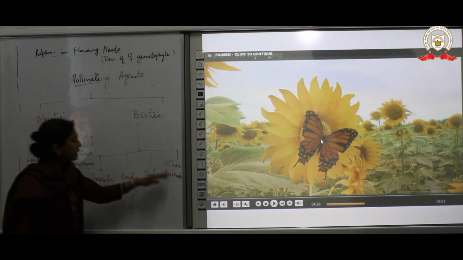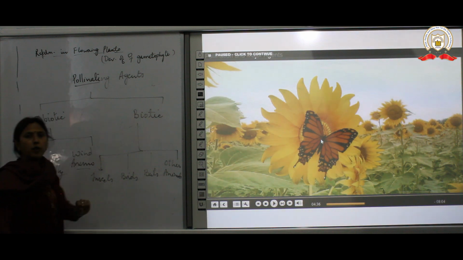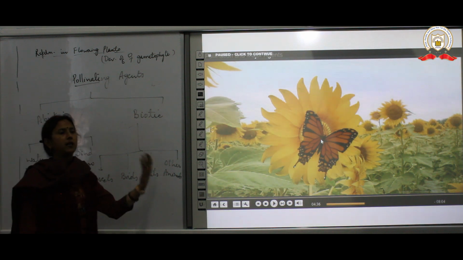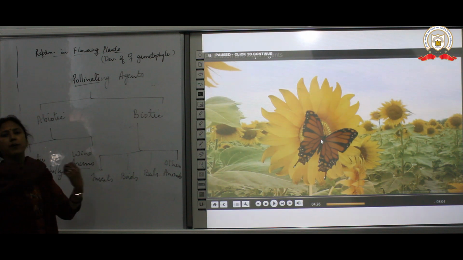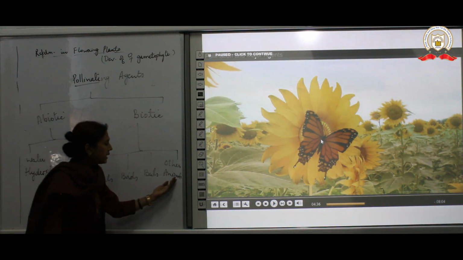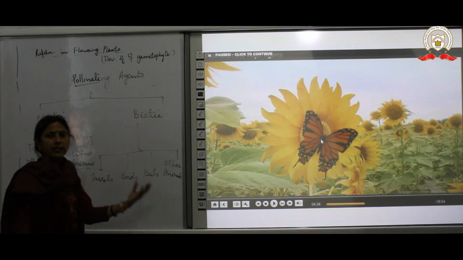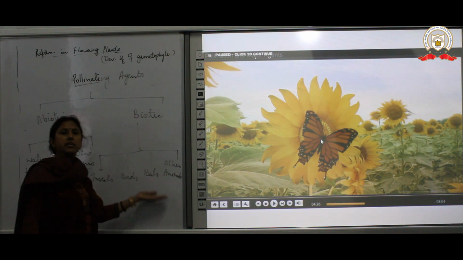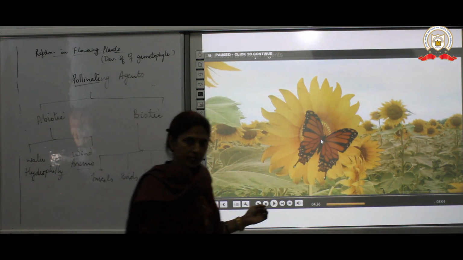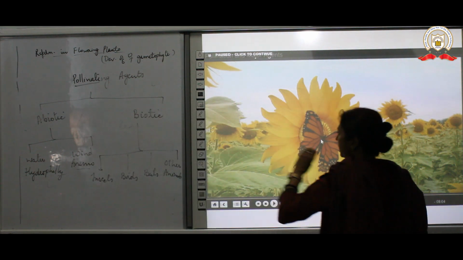Now other animals are also playing an important role, because when they rub against the flowers, when they move through some pastoral area, they pick up pollen grains onto the body, and when they reach other areas, they assist in the process of pollination. So pollination is very, very important.